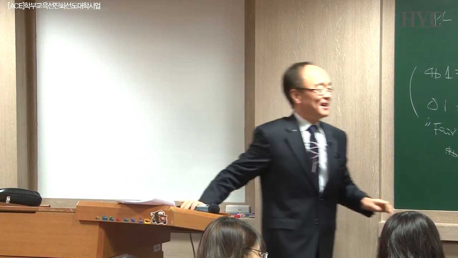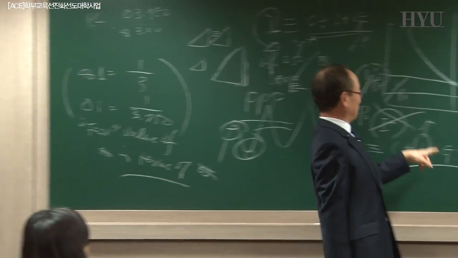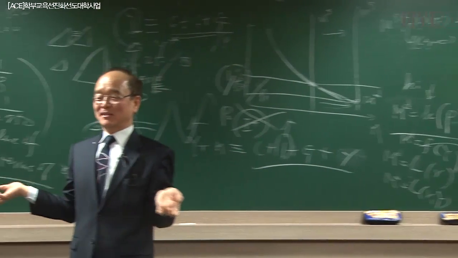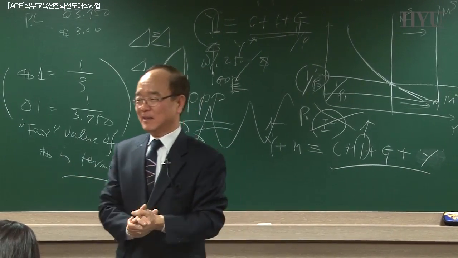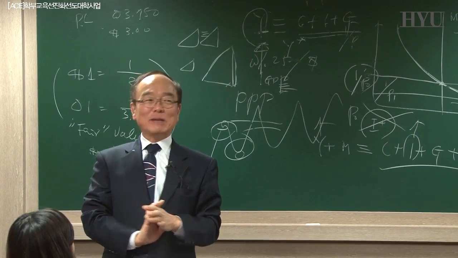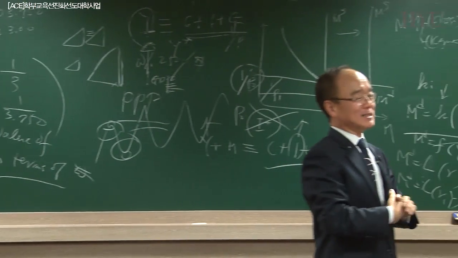The classical economists say, leave the market alone, it will return to the Y star equilibrium, the more natural equilibrium. But Keynes said, you are right, but in the long run we are all dead. So we have to be concerned about short-run stability as well.